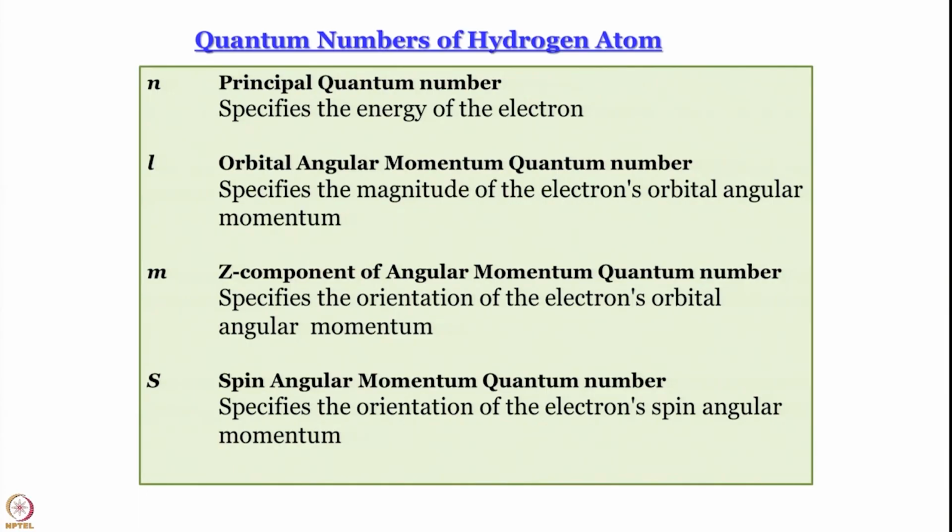However, even for a free electron you do have S, you do have what is called ms. ms has values of plus half and minus half. Once again they denote the contribution of the spin angular momentum towards the z axis. So, the z component of spin angular momentum, we will talk about that in more detail when we discuss multi-electron atoms.